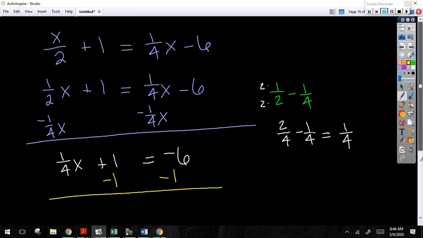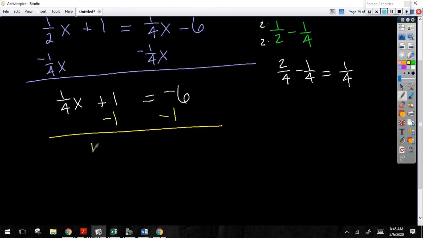I got 1/4 x equals -7. How do I get rid of that 1/4? Flip. 4 over 1 is the same thing as just the whole number 4, right? What does x equal? Close. There you go.